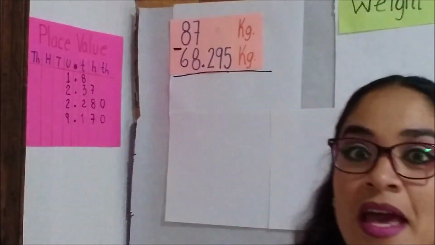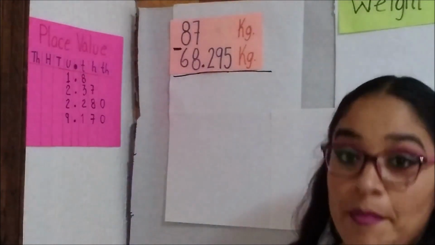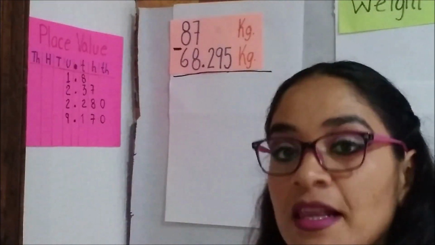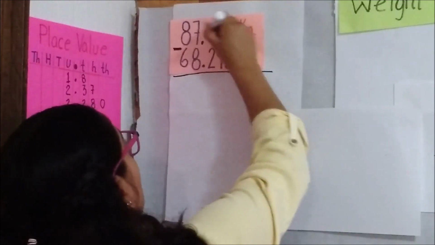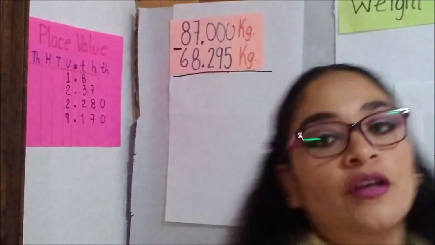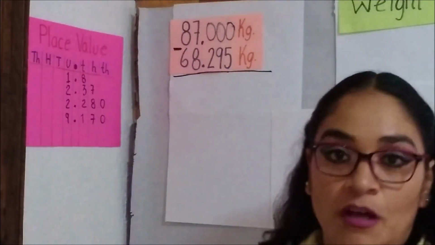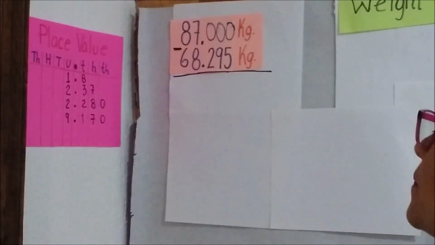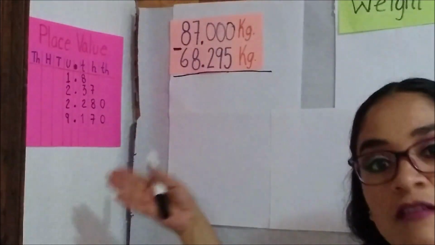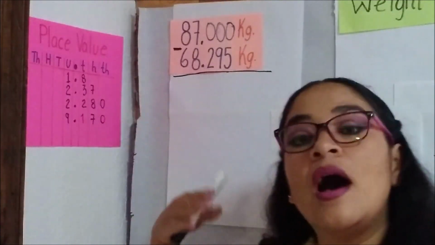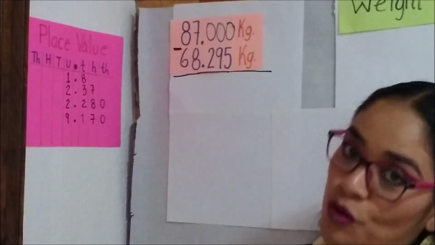I need you to pay attention because something interesting is going to happen here. As I told you, we can fill empty spaces with zeros. So I'm going to add the decimal point, and we're going to add 3 zeros, so we will have the same amount of numbers. But here, since it is bigger than this, we're going to ask for units borrowed from our neighbors, but it turns out that our neighbors are zeros too.